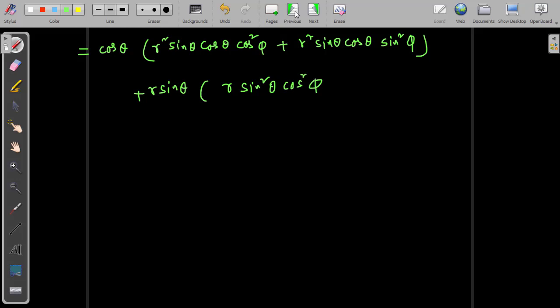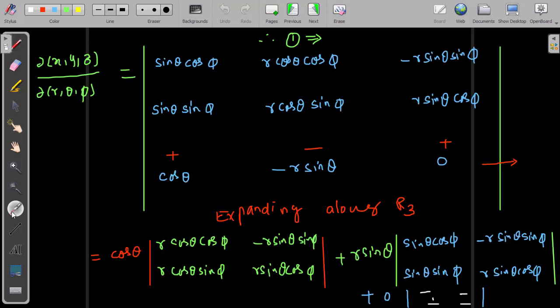Okay, now similarly here also we have a negative sign. Anyhow, ad minus bc, minus times minus is plus. Again sine theta, sine square theta, sine phi, sine square phi, which means r sine square theta sine square phi.